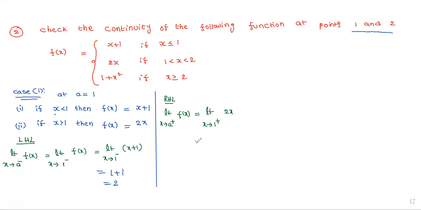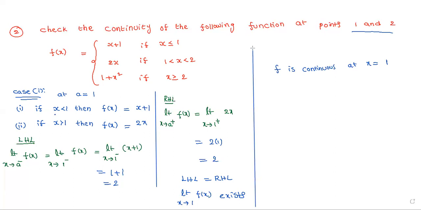So x value substitute 1, 2 and 2, both are same. LHL is equal to RHL. Limit as x tends to 1 of f of x exists. So it is continuous. Therefore, f is continuous at x equal to 1.